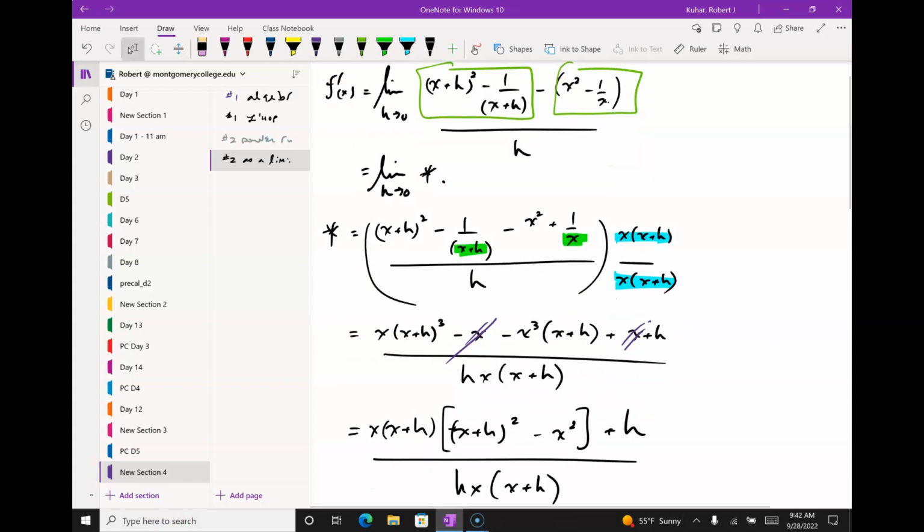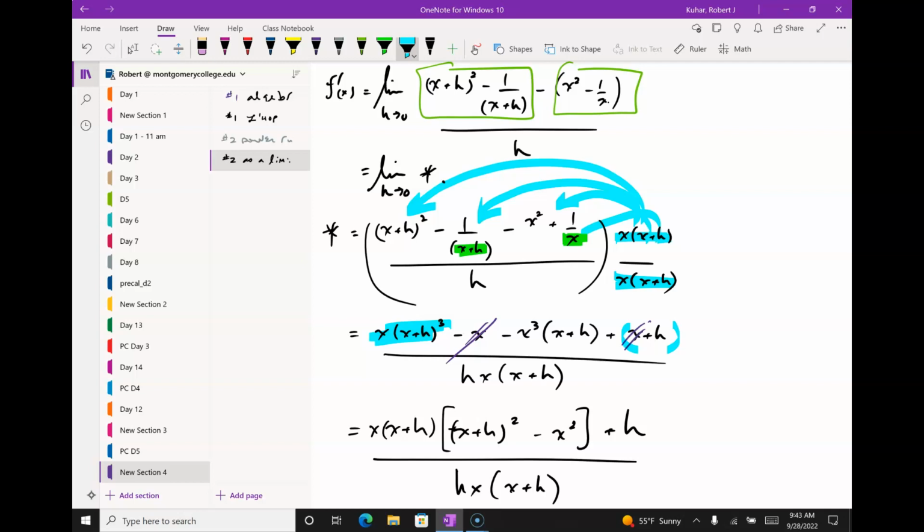What happens when I do that? The first one, nothing cancels, so I get an x times an x plus h cubed. Everybody with me there? In the second one, the x plus h's cancel, so I just get the negative x. In the next one, I get x cubed times x plus h, and in the last one, the x's cancel, so I just get the x plus h.